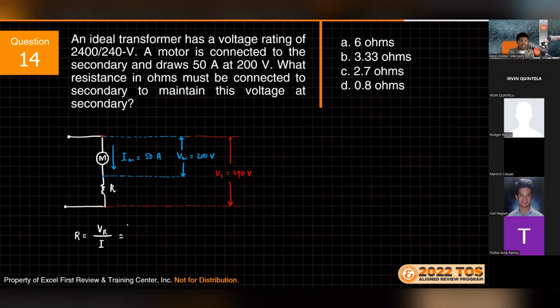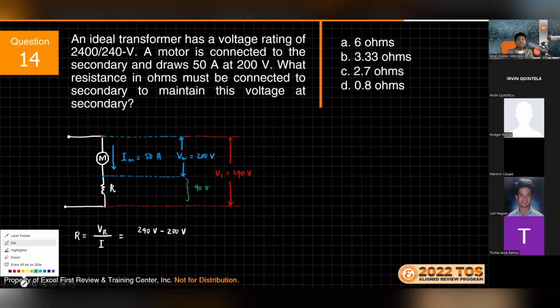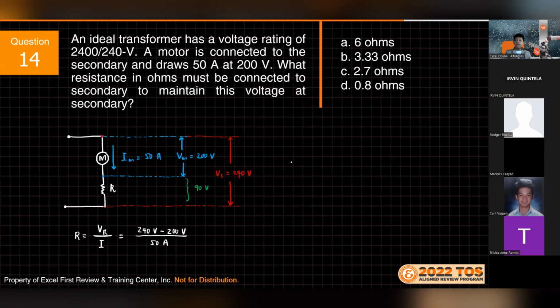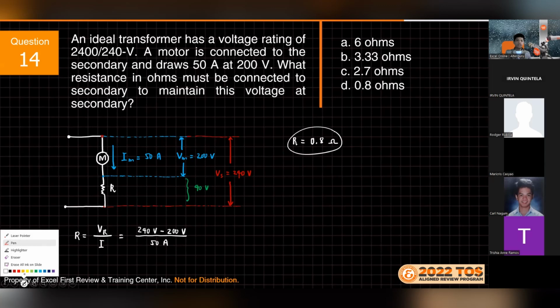Ang voltage across that is 240 volts minus 200 volts. Siyempre, ang magiging voltage mo na lang dito is 40 volts. No? Yung difference between the two. All over the same value of current, which is 50 amperes. Yun na yun. It's 40 over 50, 0.8 ohms. Letter D yun. That's 0.8 ohms.